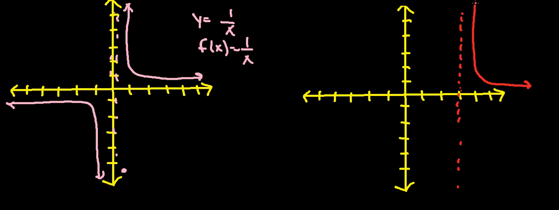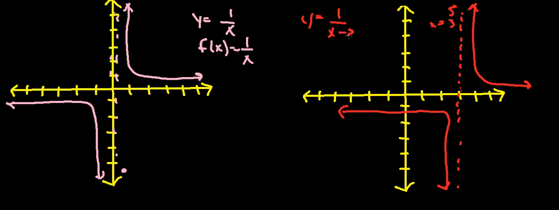I'm just going to sketch this, I'm not going to plot points. So it would look a lot like this. And this is x is equal to 3 right here. That's the only thing happening here. We're only having a horizontal shift of 3 units to the right. That's the only transformation for this function.